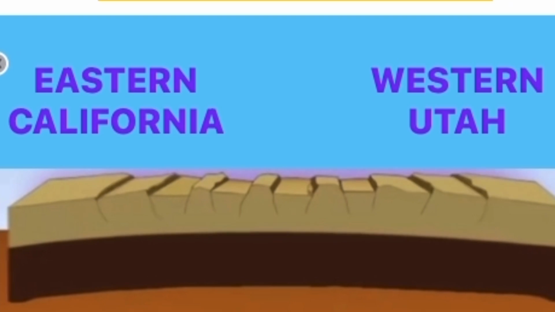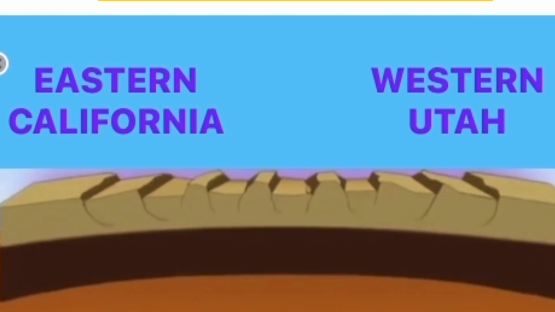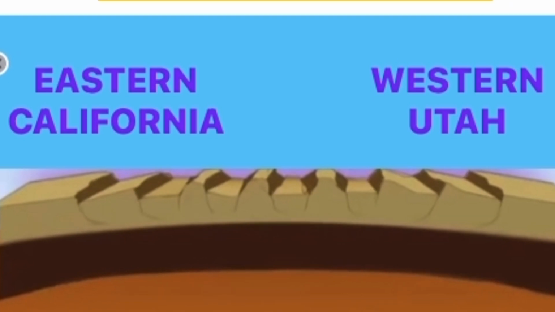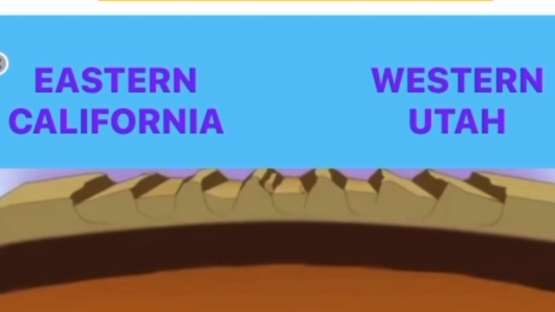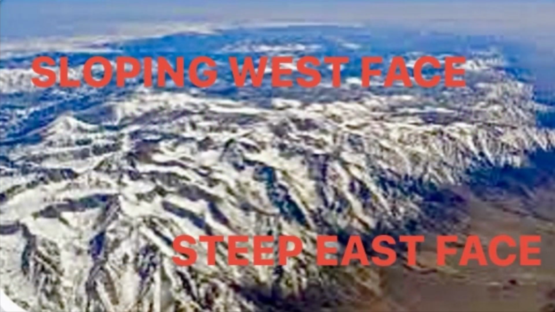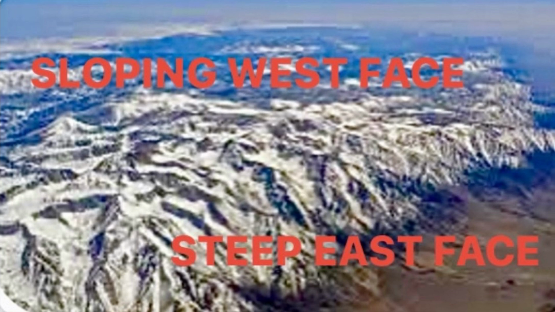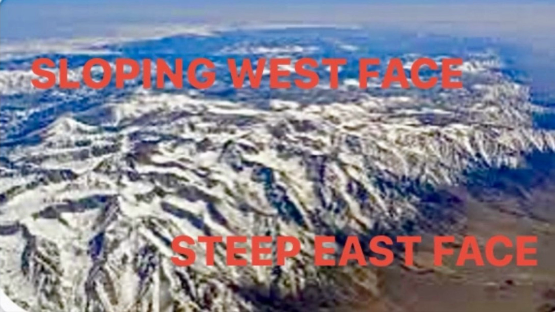Huge blocks of crust rotated up along these faults, forming mountains, with broad, flat valleys in between. In eastern California, the rotation of these blocks brought up all of the granite and diorite plutons of the Sierra Nevada batholith, turning them into the magnificent Sierra Nevada mountain range.